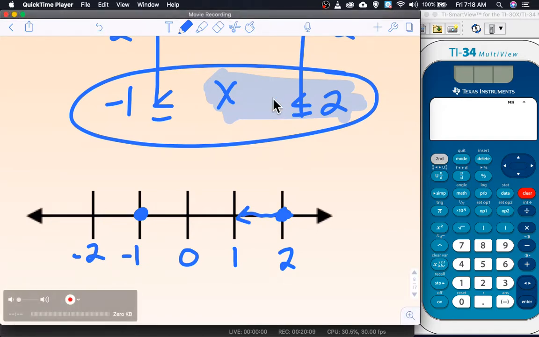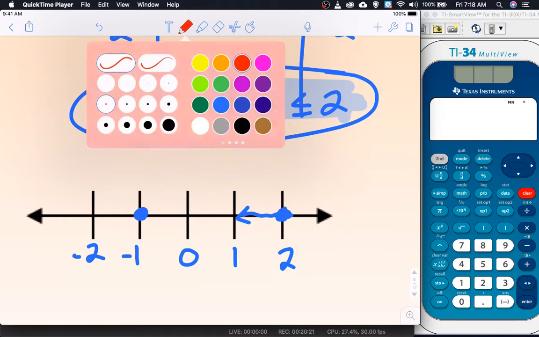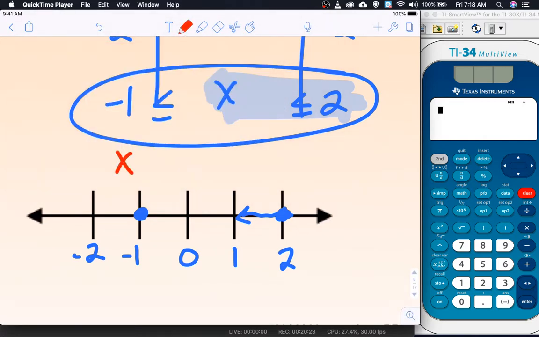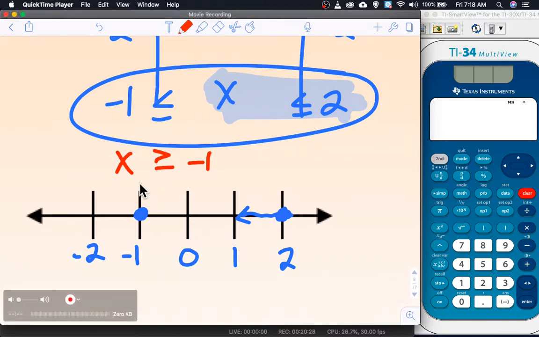This other inequality, this one here, do you see how the variable's on the wrong side? If you're just looking at this, ignore the 2 now. This right here, -1 is less than or equal to x. Well, if we would normally take that and flip it, x would be here, the -1 would be there, and then we'd flip the direction of the inequality. Well, now this says, from -1, we're shading greater than to the right.